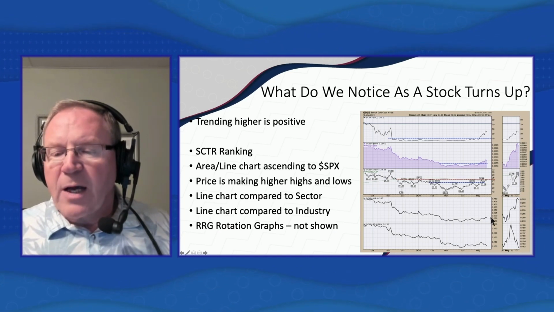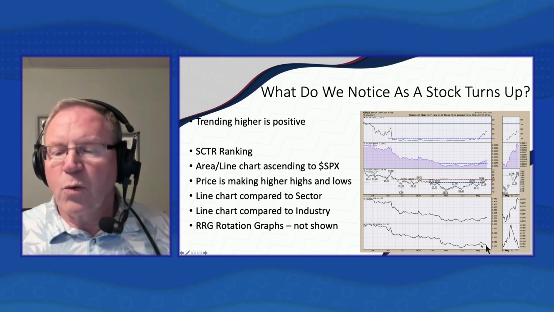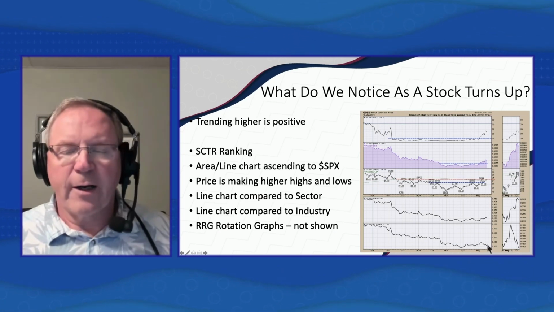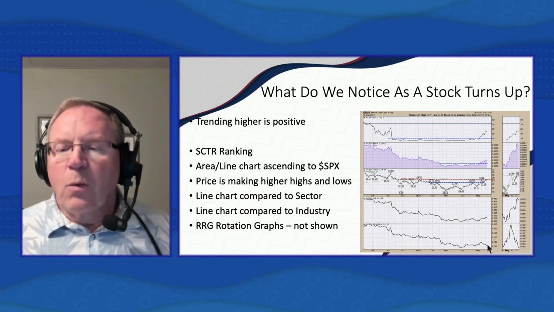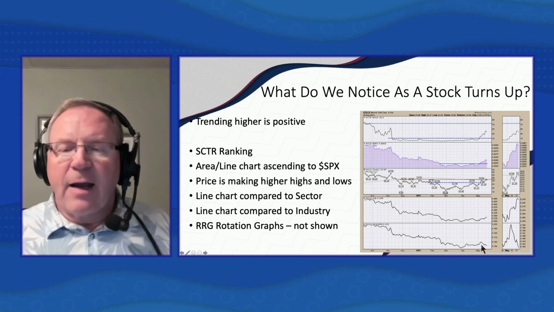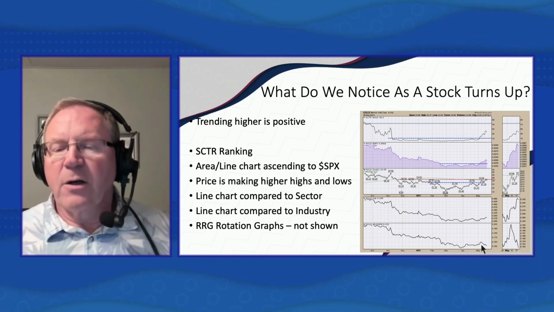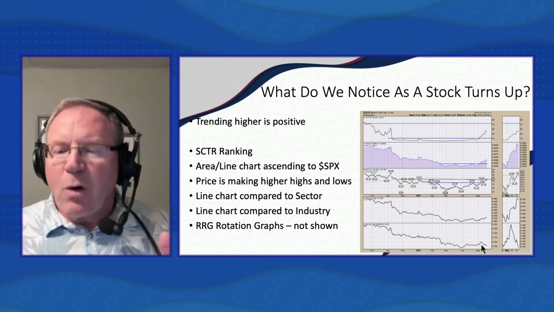It's trying to make new 3-month highs, and compared to its peer group, it's actually one of the worst performers in the gold group right now. So we can scan for any one of these things. We could look for different things, and you have to decide which one's important. Obviously, if they're all trending up, that's even better. But for us, this is what we're looking for.